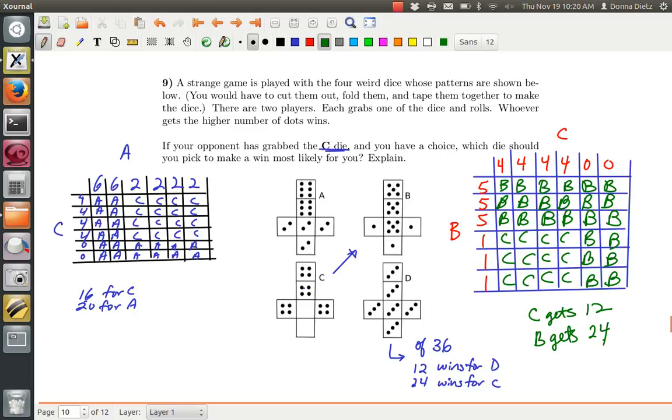You want to be the person who's not C, and so you want to be getting the highest non-C value. So you want the 20 for A. As well, yes you do, because otherwise you'd get 12 wins for D. But here B gets 24, so that wins out over A. So you can then say, okay, if I pick A or B or D, I win.